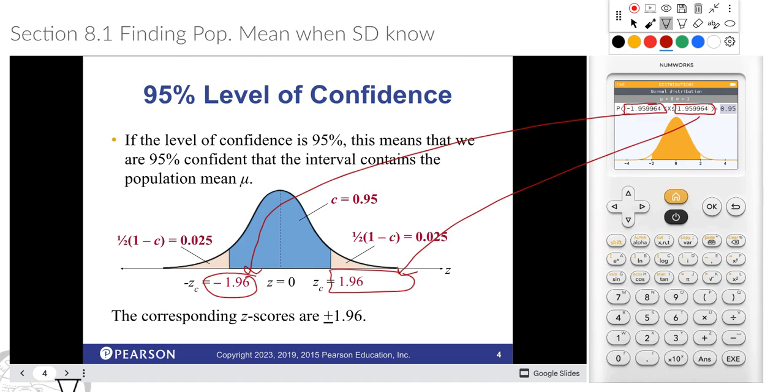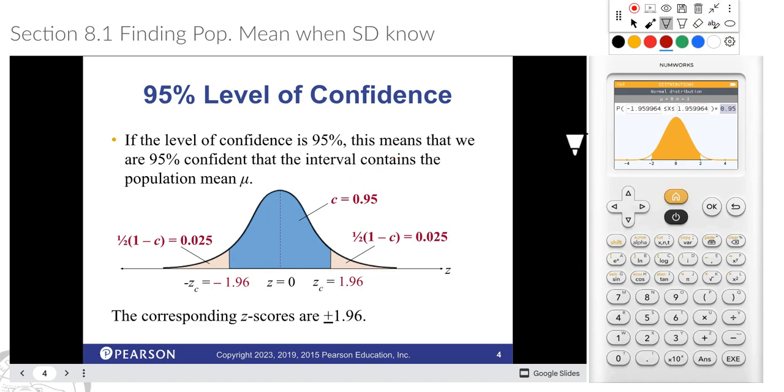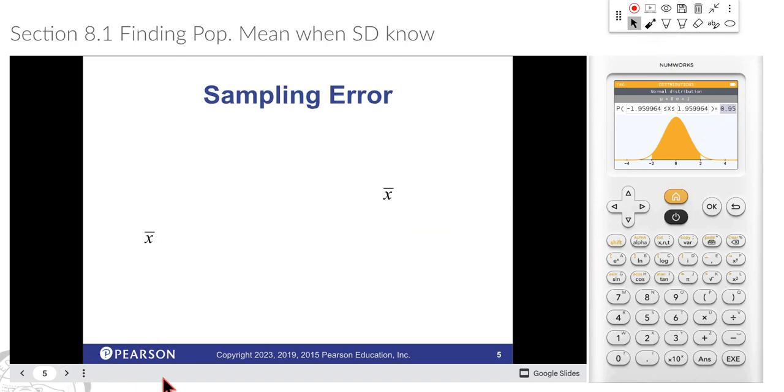Okay. So questions, and we'll do a few examples. So it's a 95% confidence interval. And if we want to do a 99, we could do that, whatever you want to do. We're also going to see that we've got some built-in features in here that help us not have to memorize too much. So what is sampling error?